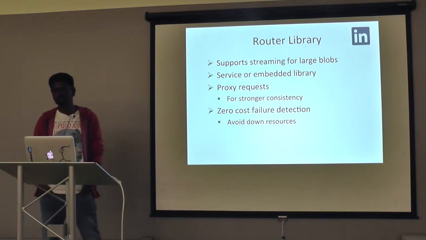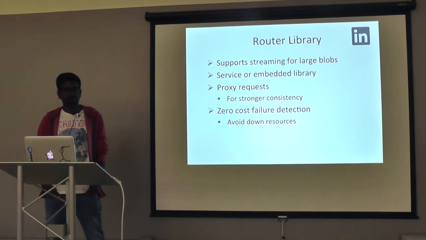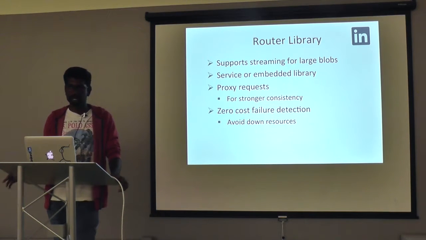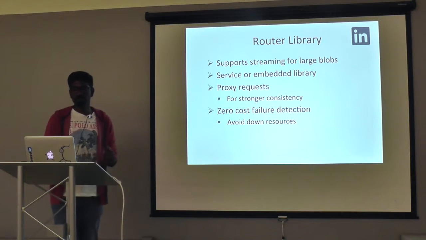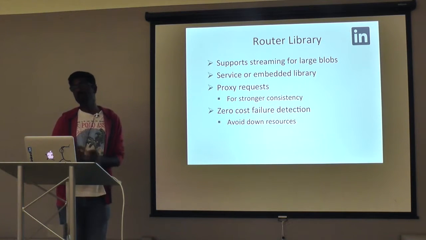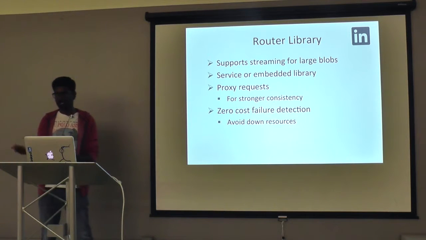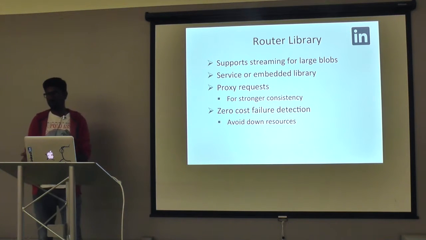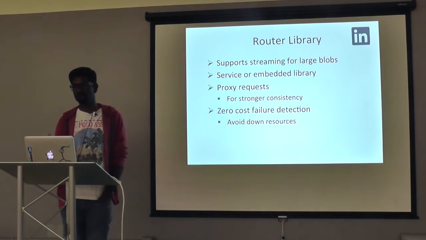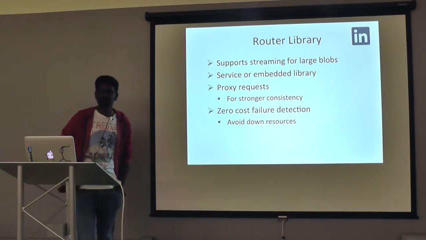One thing which I want to emphasize here is that you can use the router library embedded in the front end as a service as such, but if you're very particular about performance and if you're okay implementing some of the features offered by the front end, you can embed the router library in your service as such and then reduce one hop.